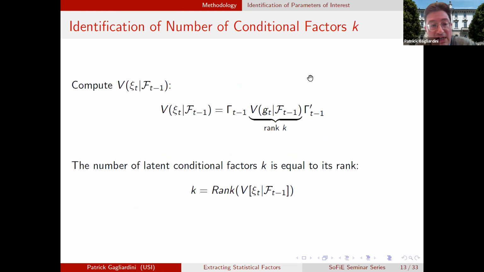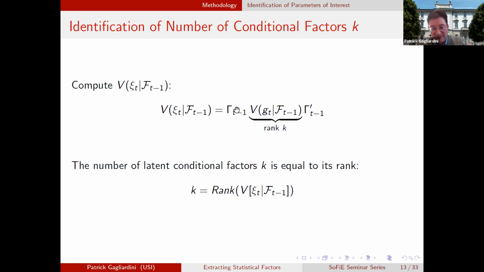So this matrix of the conditional variance of the portfolio returns will be reduced rank if I have more instruments, as I'm assuming more instruments than factors. And the rank of this variance covariance matrix is exactly the dimension of the factor space, which is identified in this way.